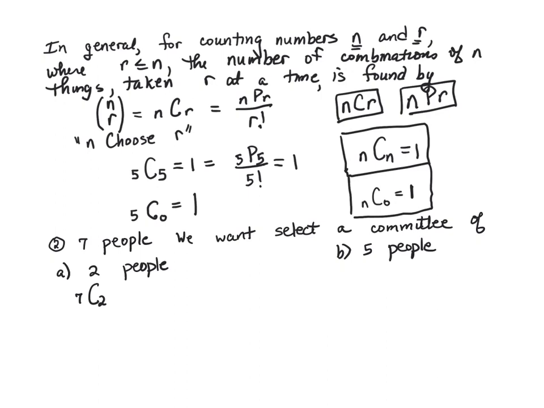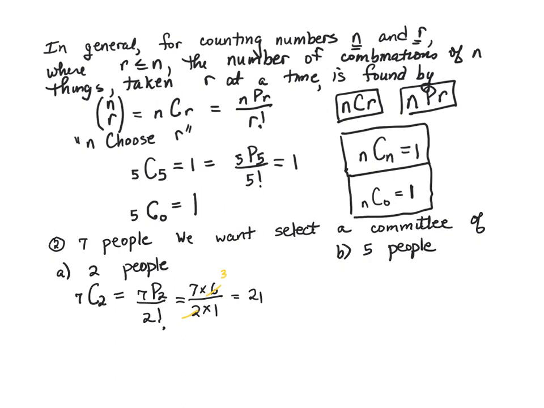Well, for the first one, it would be 7 choose 2, which is 7P2 divided by 2 factorial. That gives us 7 times 6 over 2 times 1. And the answer is 21 ways, since these divide through here. Okay.